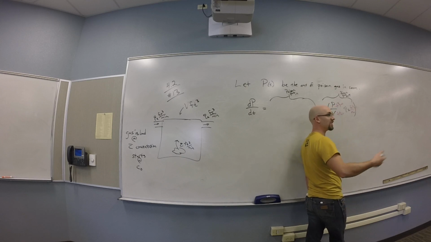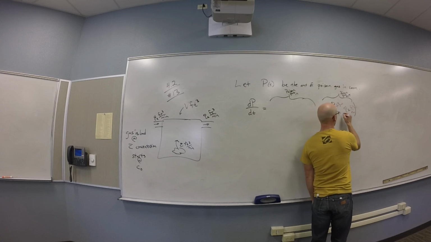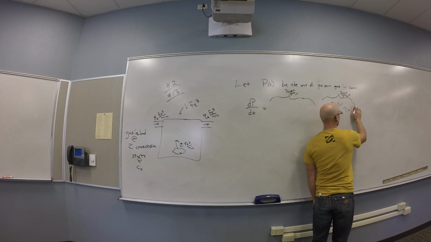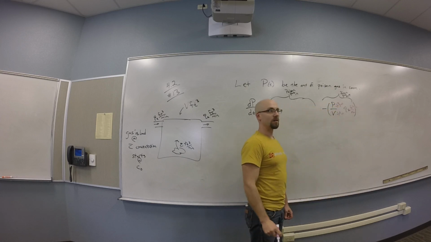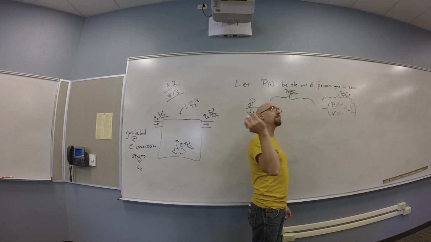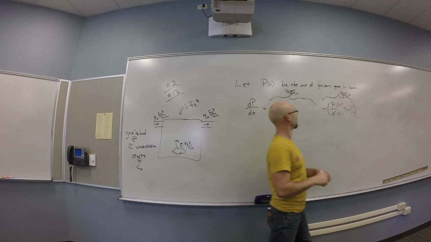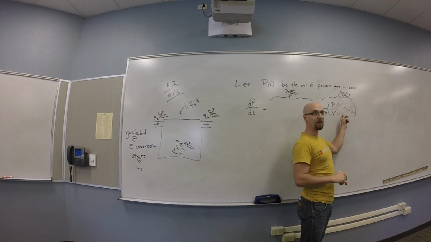Well, it's an air and poison mix. Wouldn't that volume be a volume of poison gas plus air? So what if I just called it mix? The flow rate out is taking mix out of the room, and that mix has some poison gas per mixed air in the room.